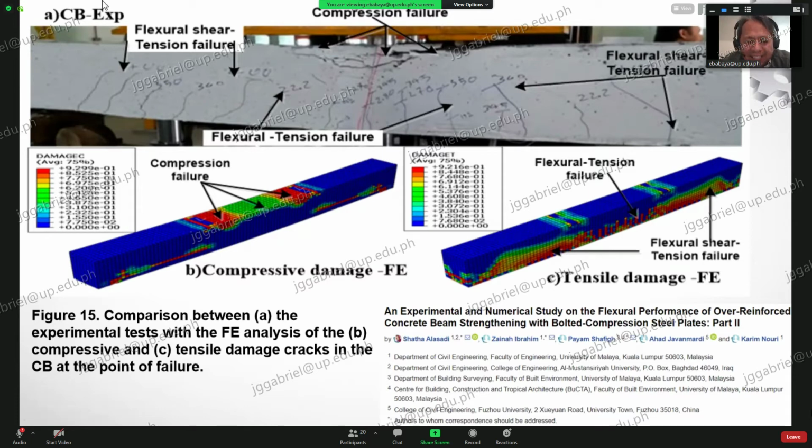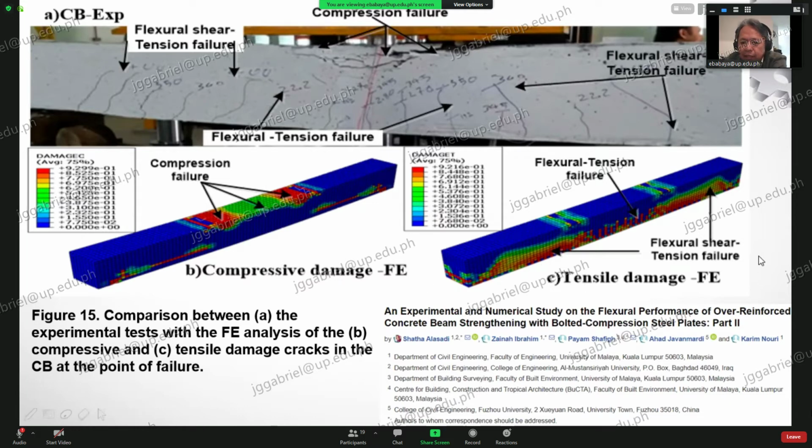Titignan ko yung chat niyo. What's the value? Does your stress strain diagram, what's the value of your epsilon C? Di ba? 0.003. Okay, nanahan ko na kayo. There. Okay, correct. Adrian, Pam, yan. 0.003. Yun ang maximum natin.